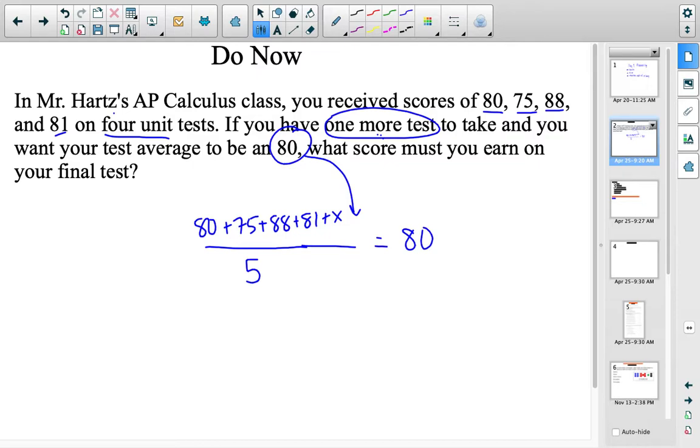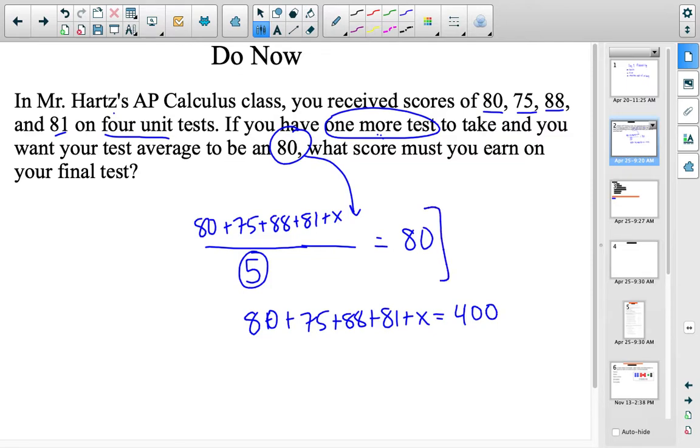First step would be to multiply both sides by 5, so we get rid of this 5 down here, and we get 80 plus 75 plus 88 plus 81 plus x equals 400.